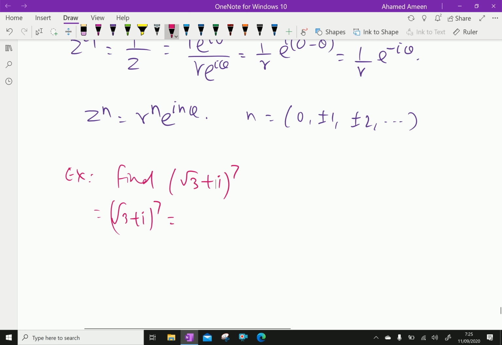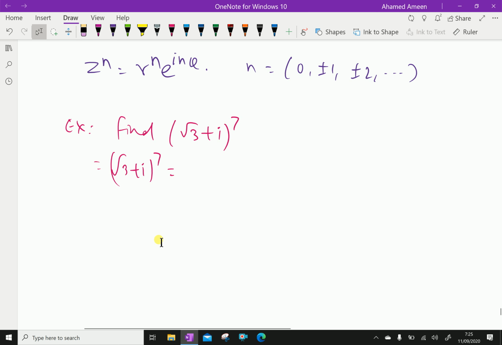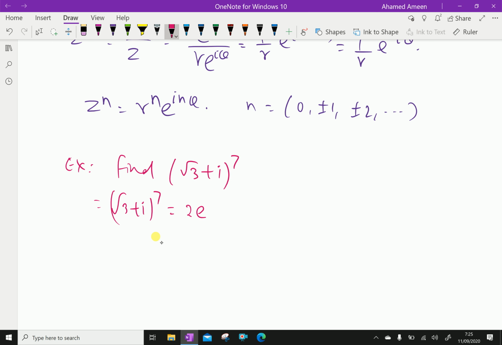We can express this as, first, the modulus of root 3 plus i is 2, so 2 e power i pi by 6, since tan theta is 1 by root 3, that is theta equal to 30 degrees, that is pi by 6, and the whole power 7, which is equal to 2 power 7 e power i 7 pi by 6.